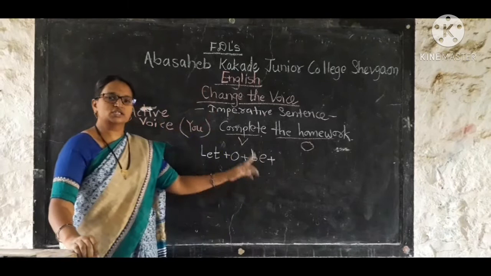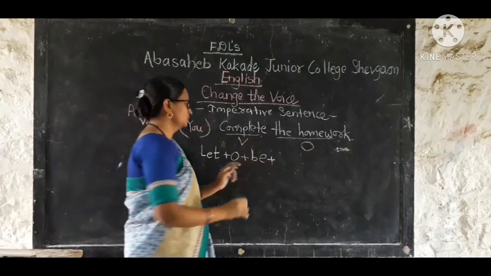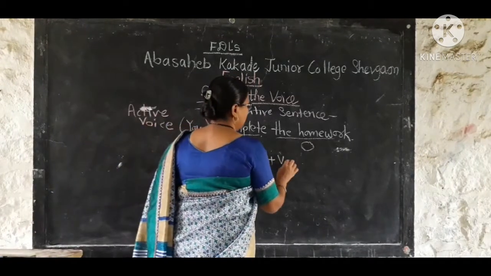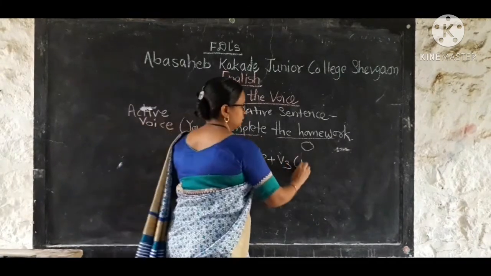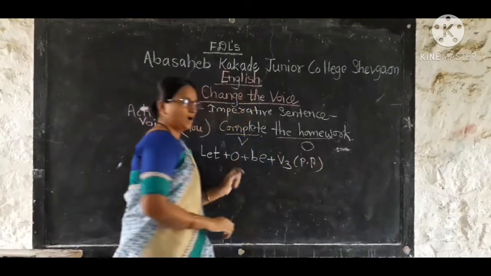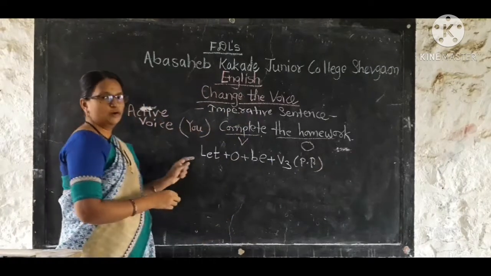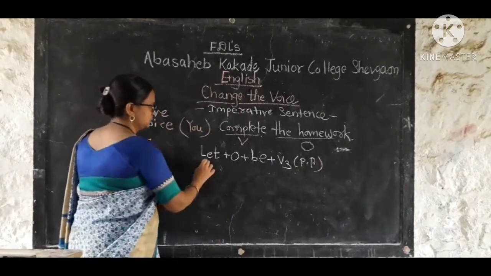Then we have to use be, and then we have to use third form of the verb, or we can call it as past participle, and now our sentence will be like this.